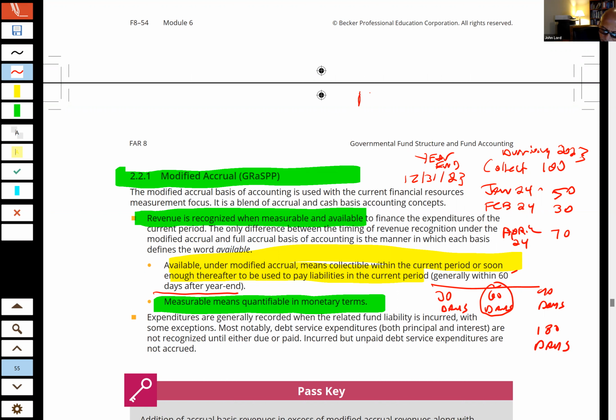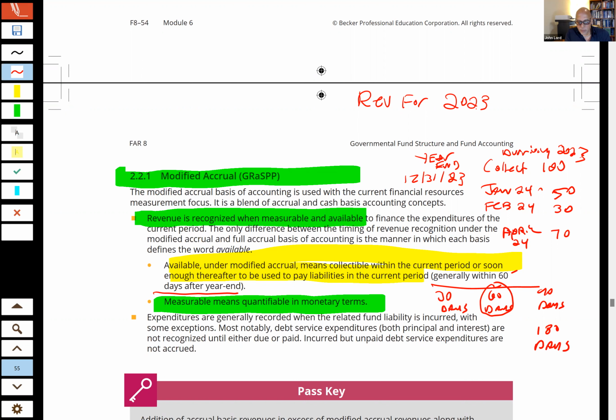What is the revenue for 2023? Okay, so they mailed out tax bills sometime during 2023. They collected 100, they collect 50 in January, 30 in February, and 70 in April, using the measurable and available criteria with 60 days as called out specifically in the question.